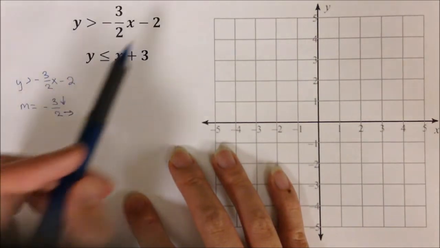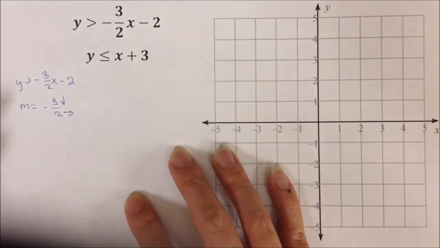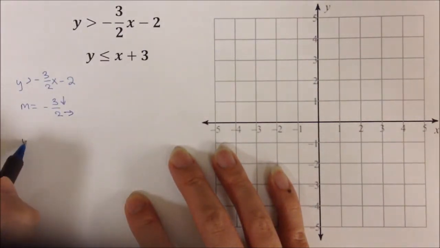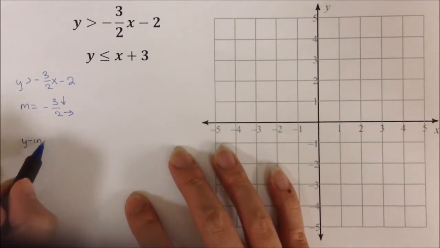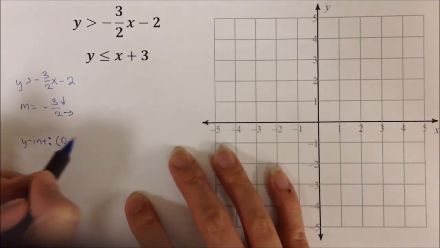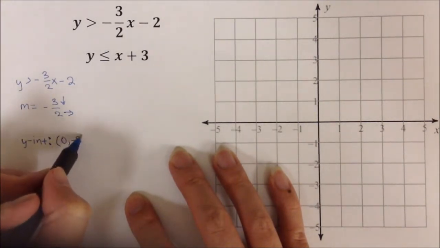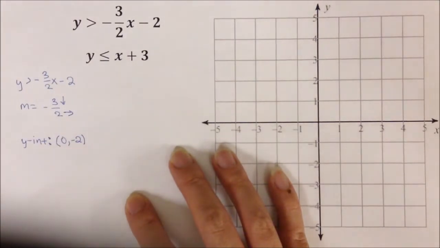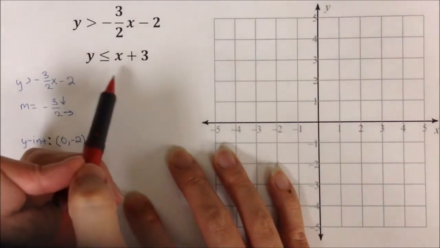That's it. Next, I'm going to look at the minus 2. That's my y-intercept, which is (0, -2). That's it. Alright, next, I'm going to work on the second inequality.